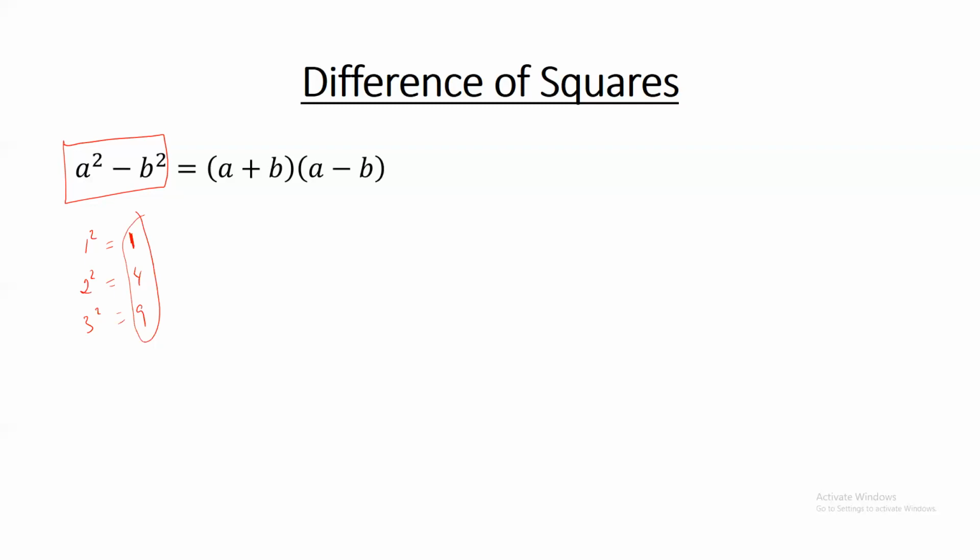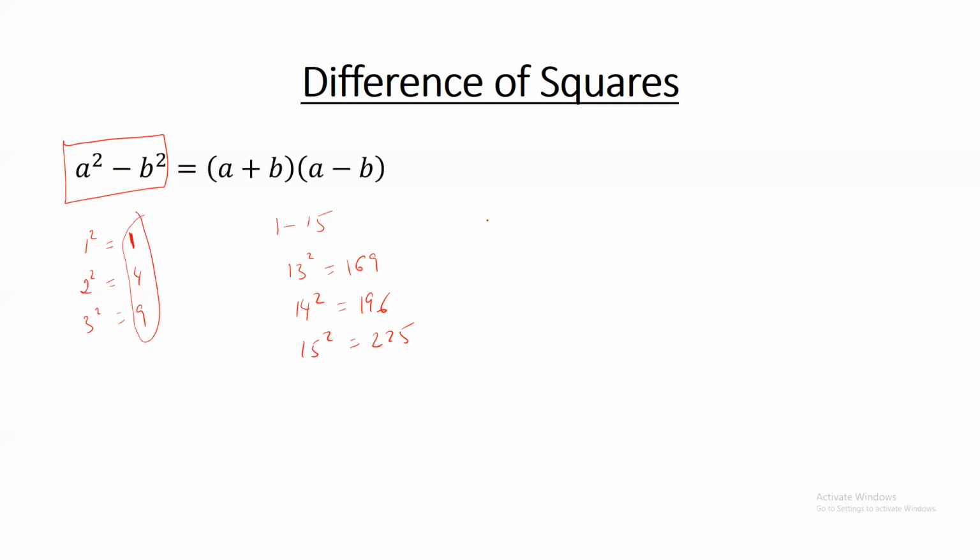My advice to you, memorize your perfect squares at least from 1 to 15. And you probably already know from 1 to 12 because it's part of the multiplication table. So really, it's just knowing that 13 squared is 169, 14 squared is 196, and 15 squared is 225.